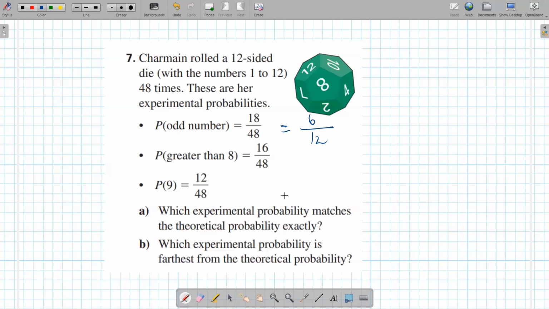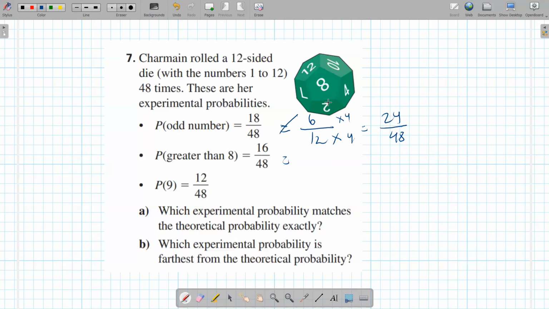No, it's not. 12 times 4 is 48. 6 times 4 would be 24. They're not the same thing. So you can just multiply this by 4. It should have been 24 over 48, not this. What about this one?